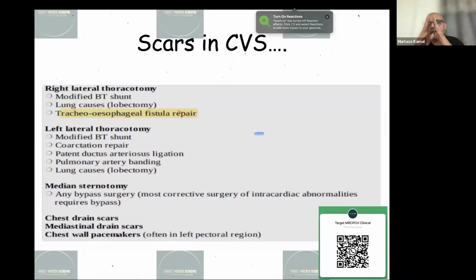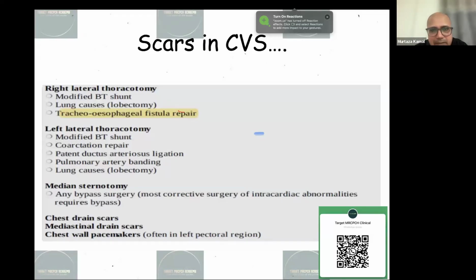So it's not that if someone has a sternotomy you cannot say BT shunt. But if it is on the lateral side, you have to think of BT shunt, PA banding, pulmonary artery banding, and coarctation of aorta repair, that is very important. You also have to think of lobectomy, and PDA ligation is also done in those cases.